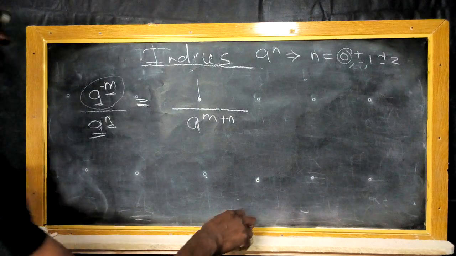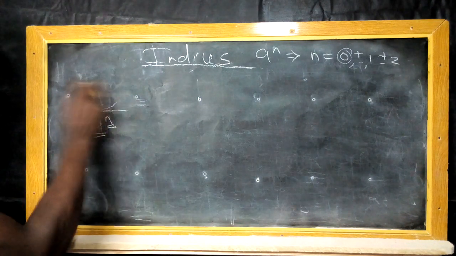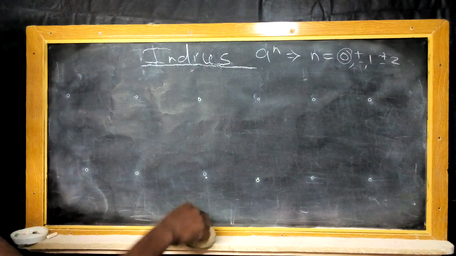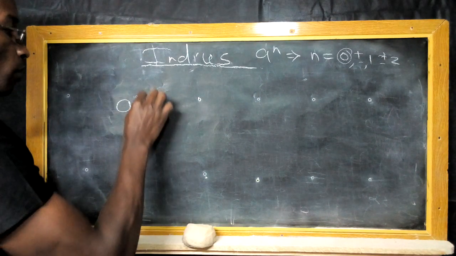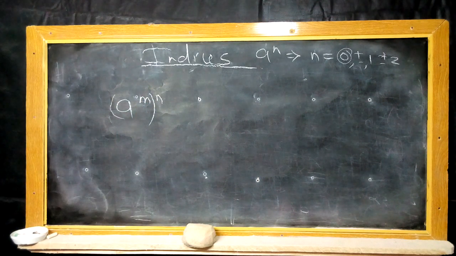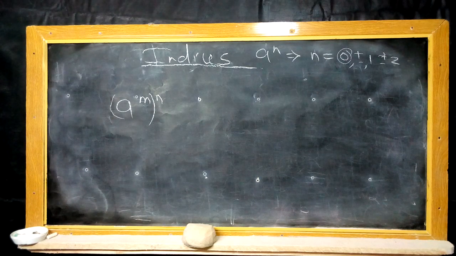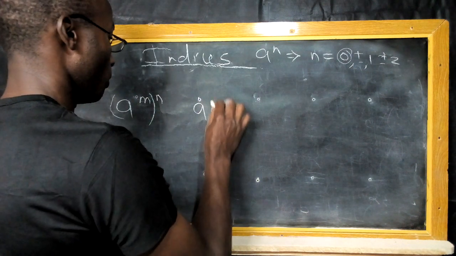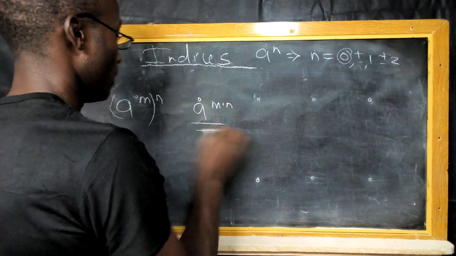So suppose it's an exponent, an index which has been raised to another power. Suppose we had a raised to m, and then this one raised to n. Then we're going to find the product of the exponents, which is going to give us a raised to power m times n.